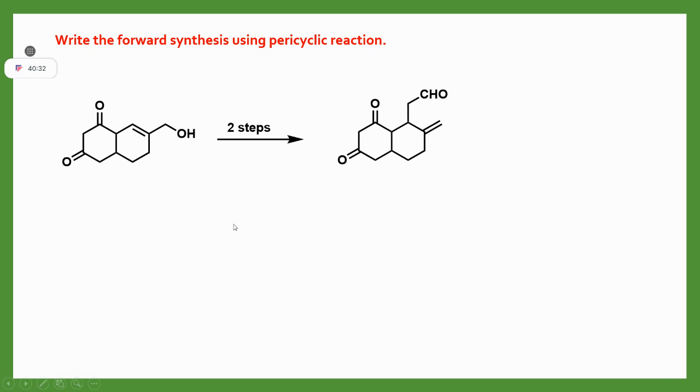First, you should know how many extra carbons are needed to get this product, right? If you look at this, the key difference between this and this, in terms of carbon I'm telling, is that two carbons are extra, right? So how to approach this type of question?